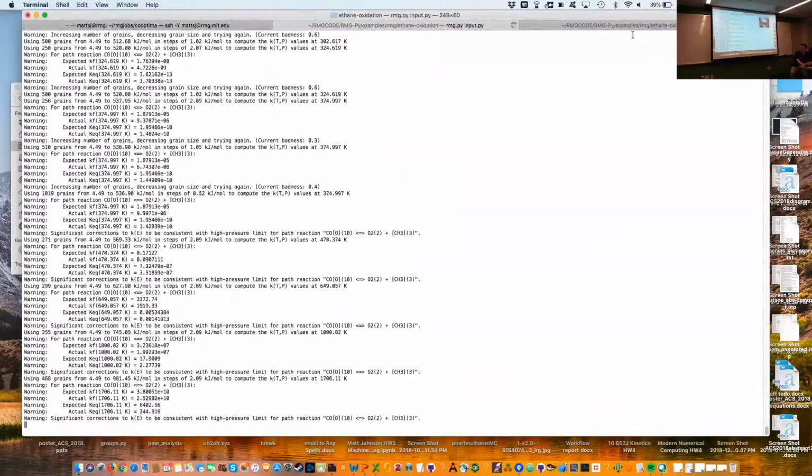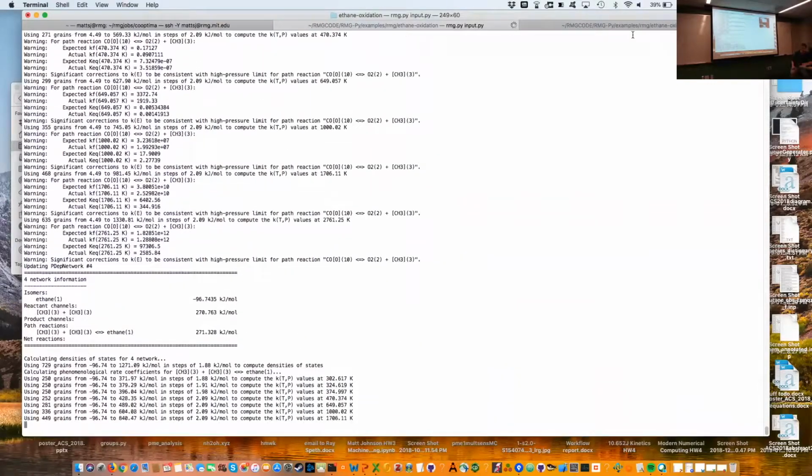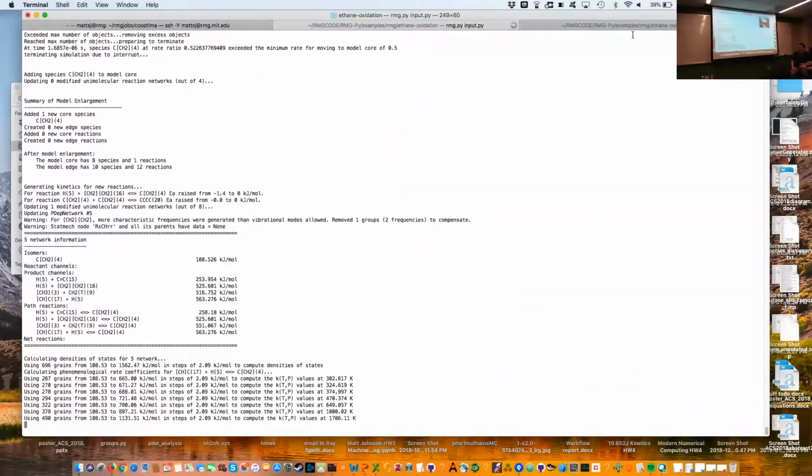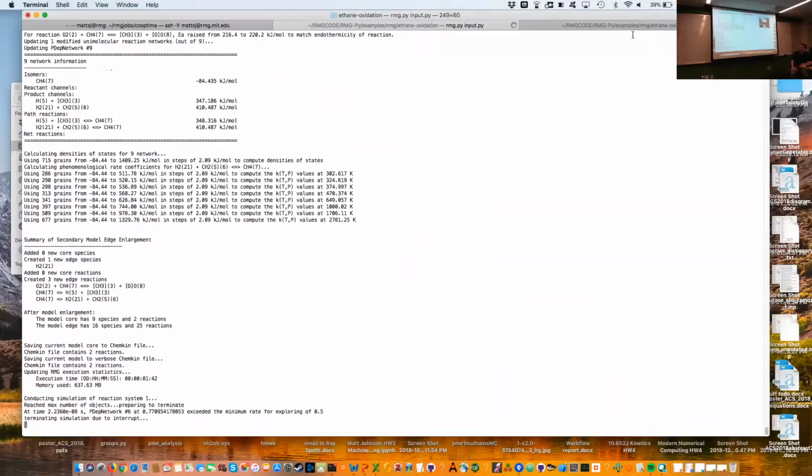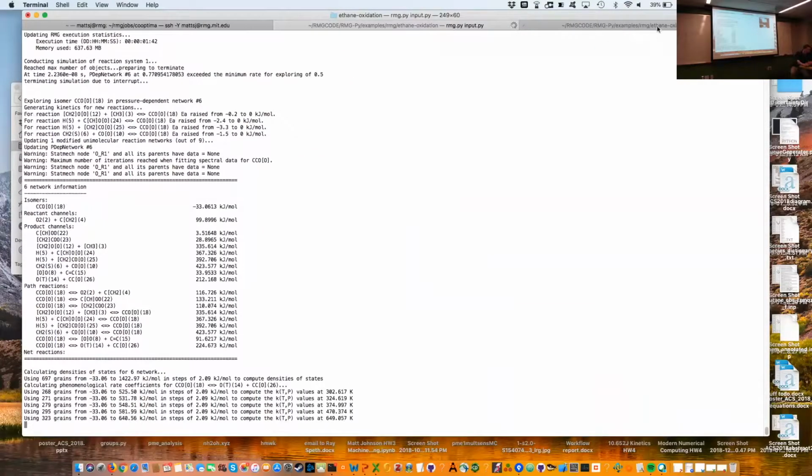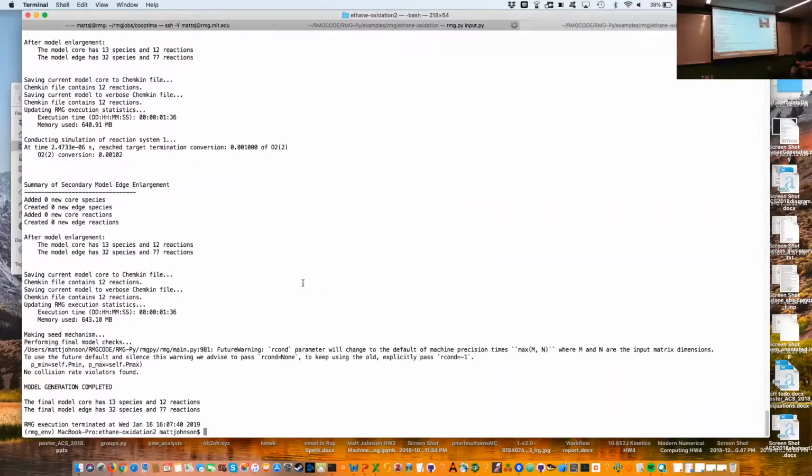We won't have to send the training reactions, and that'll save a lot of time. So that's the PDep one. And this is the not PDep one, which, as you can notice, is a whole lot faster than the PDep one.